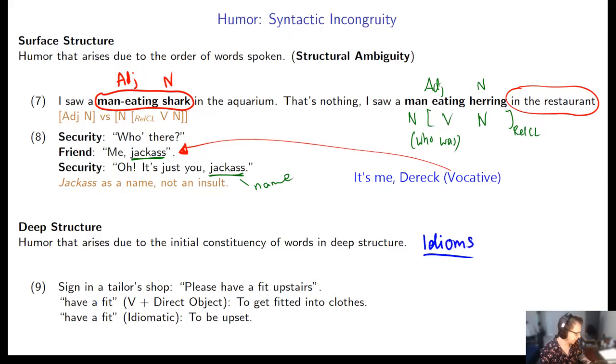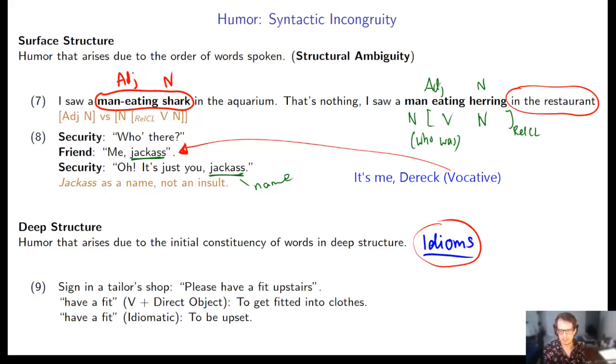In the deep structure of a tree, idioms behave differently than, say, a verb and a direct object. So how the words are put together in deep structure can give you different meanings. We're not going to talk about the details, but the key thing you should know, if you're interested in what a deep structure joke is, is that they're essentially jokes that make use of idioms.